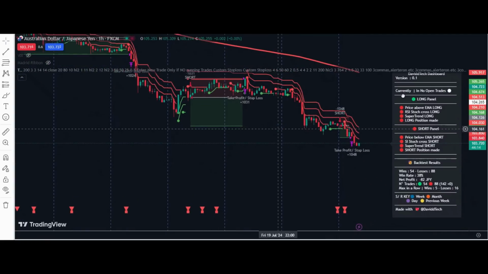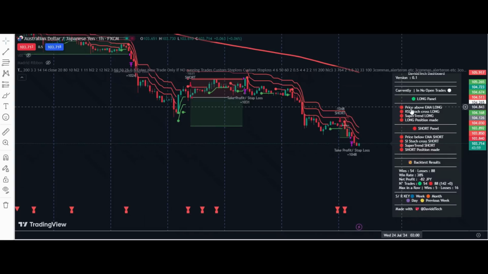If you see, this indicator has a kind of dashboard where you'll be able to see clearly. From this point, you can see that all the indicators inside this indicator are all giving red. Once you have this, it means the current market is giving a sell direction.